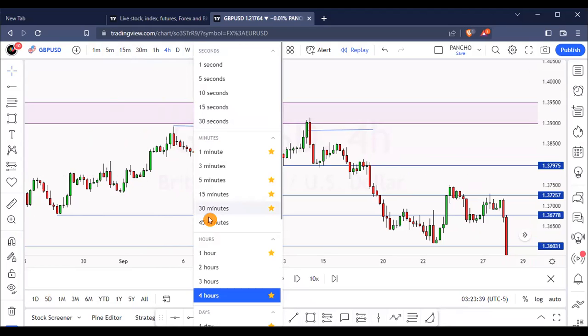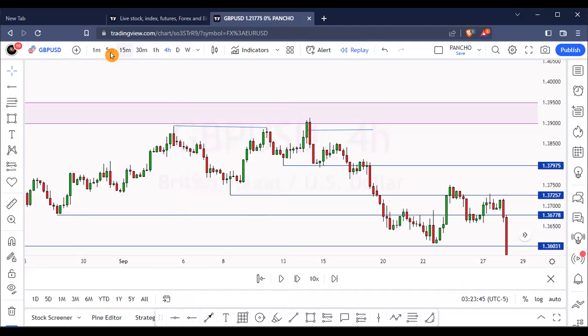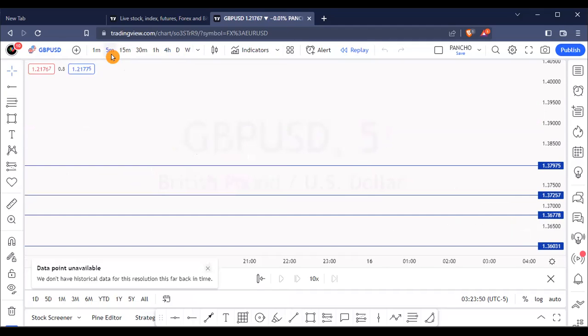I don't have 10 minutes here. So maybe let's say we take our entries in 5 minutes. So we are going to trade from 30, 15, 5. So let's go to 30 minutes.